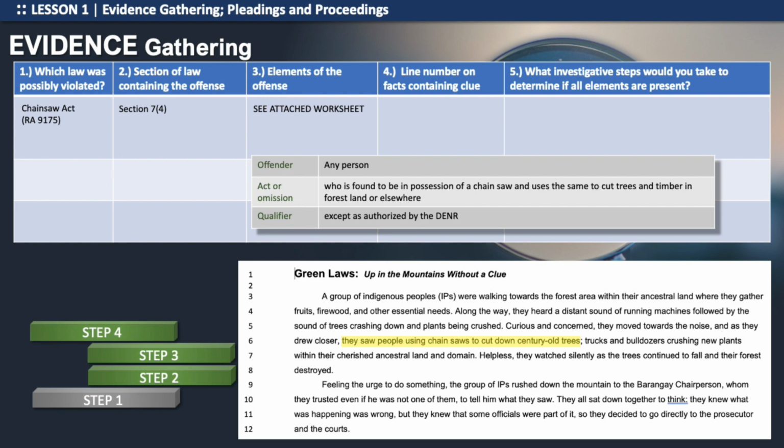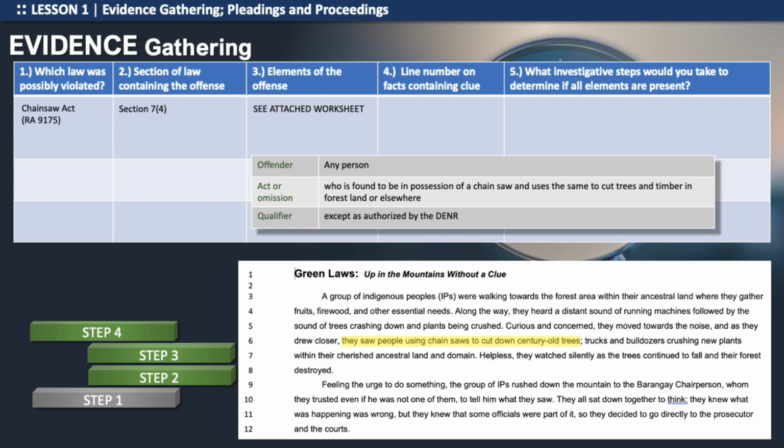Okay, so anyway, as we can see from the highlighted phrase or sentence in the hypothetical case, it says they saw people using chainsaws to cut down century-old trees. So using and cut down, those are the 2 keywords that tell me that they are in violation of this specific provision, because in this provision the act was being found in possession of a chainsaw and using the same.